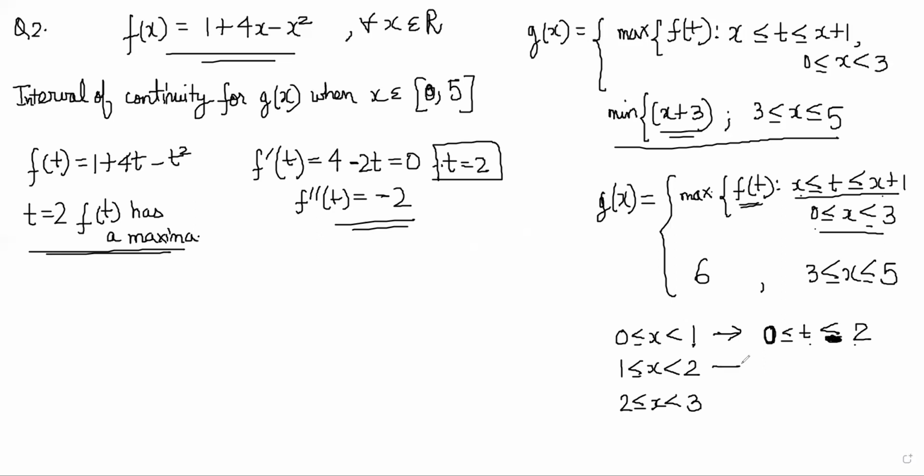I misread the question. In this case, x could be 1. So t could be x to x plus 1. So 1 to x plus 1 will be just less than 3, right? Yeah. And here it will be 2 is less than equal to t is less than 4, right? Correct. Okay. Fine.